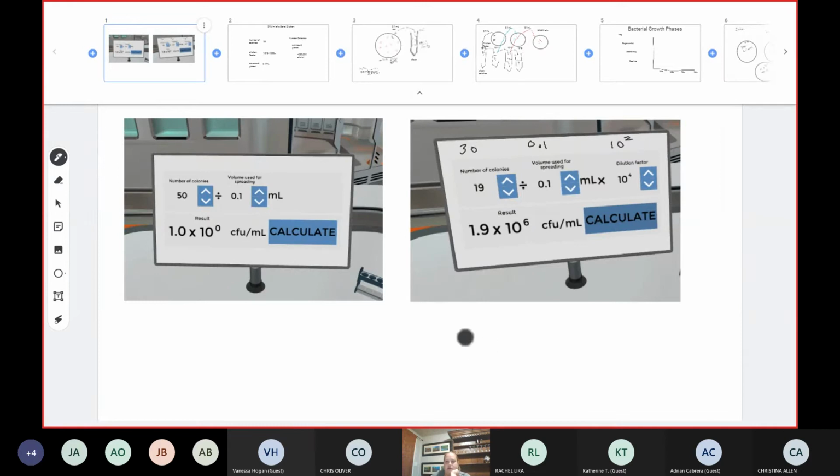So our equation would be, and you guys can do this on a calculator, it would be 30 divided by 0.1 times 10 to the 2, which would be 1 with 2 zeros, which would equal, let me break out my phone calculator, because I do not guarantee that I could do the math in my head right now, times 100 is 30,000.